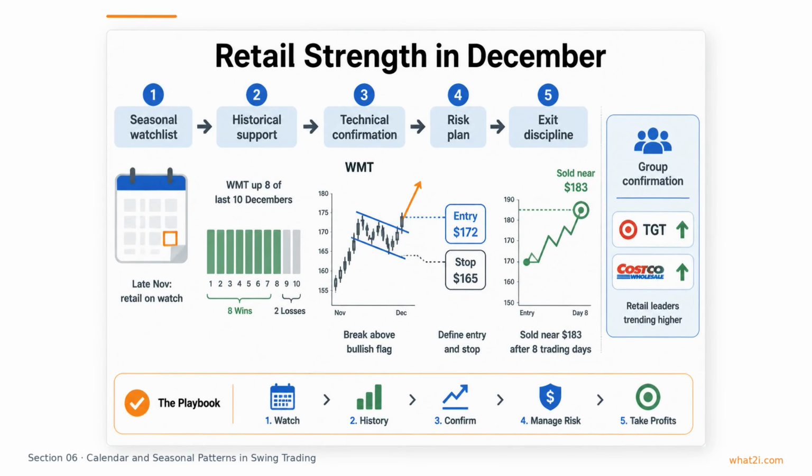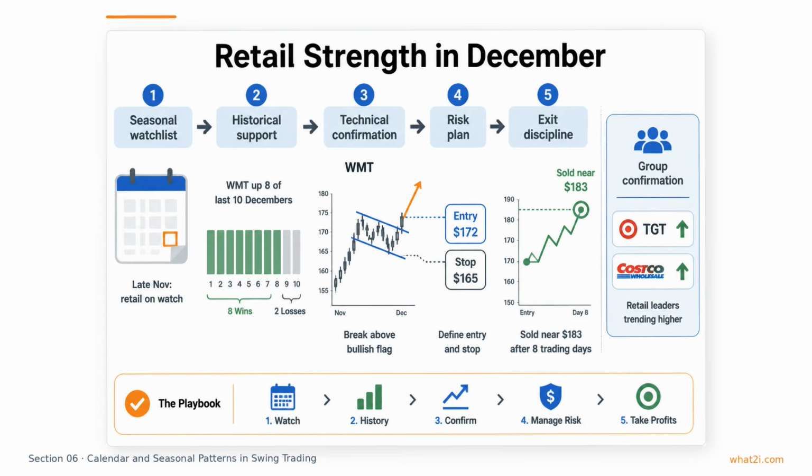Suppose late November puts retail stocks on your watch list because the holiday shopping season is approaching. You check the history and find that WMT rose in 8 of the last 10 Decembers, which gives the seasonal idea some support. That still is not enough by itself, so you look at the chart and see price break above a bullish flag. A trader might enter around 172 with a stop near 165, creating a defined risk plan.